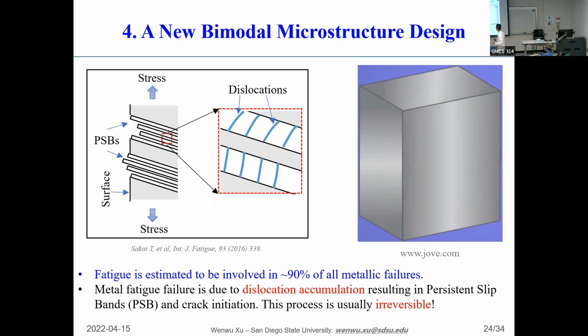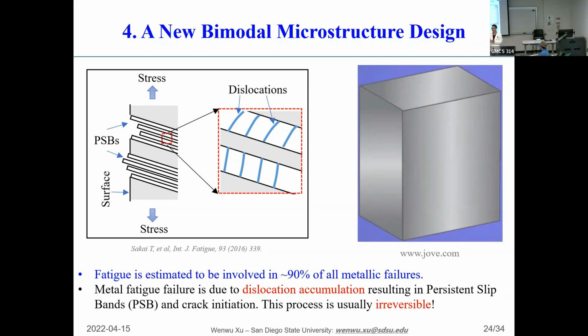For example, we are very interested in the fatigue property of metals, because fatigue failure is estimated to be involved in 90% of metallic failure in mechanical parts. If we look back and find out the basic reason why fatigue is causing metal failure, it is due to the accumulation of dislocations against the grain boundary.